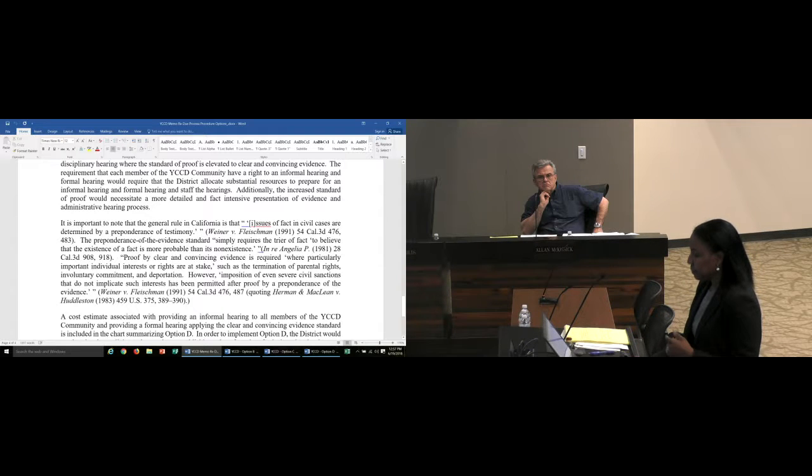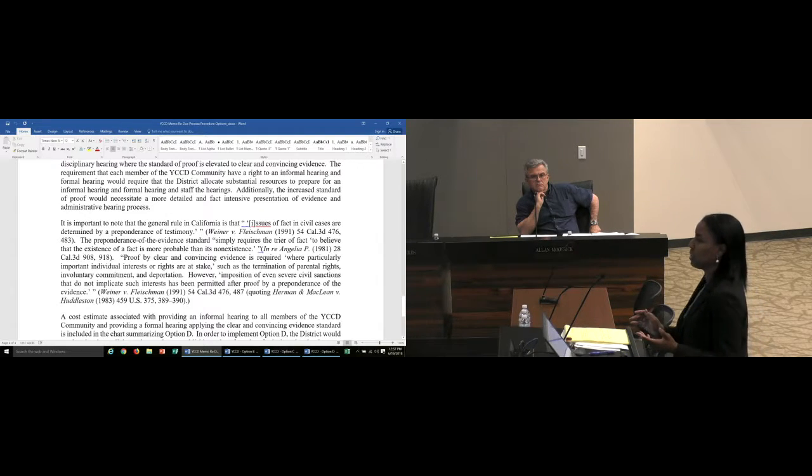And then proof by clear and convincing evidence is required where particularly important individual interests or rights are at stake, such as the termination of parental rights or involuntary commitment. So we're talking about liberty, separation from your children, or deportation. This is the way that the courts of our state look at the two evidentiary standards.